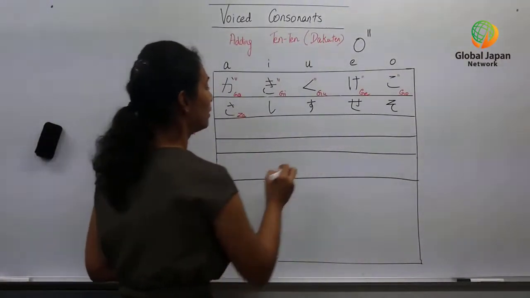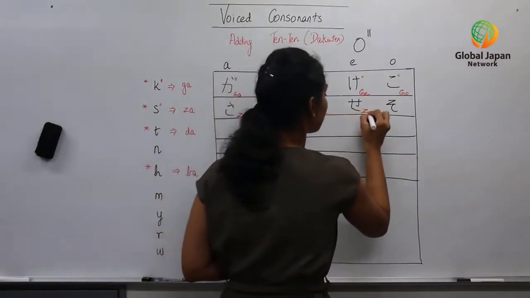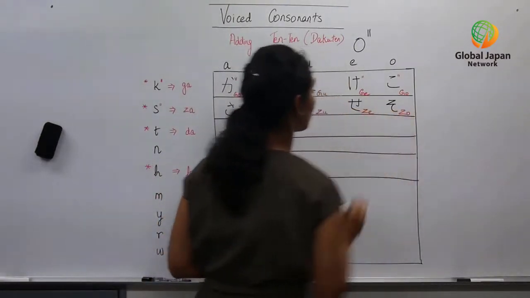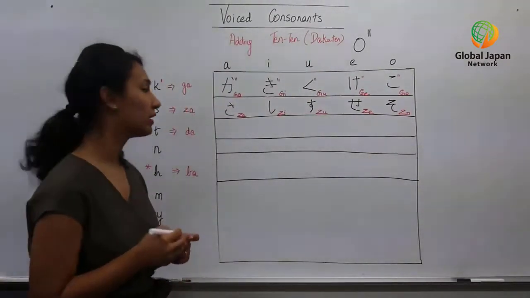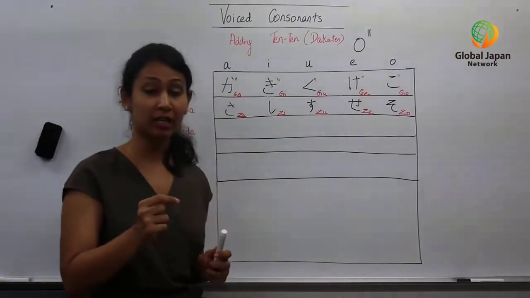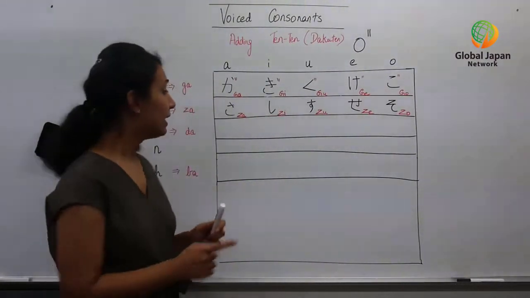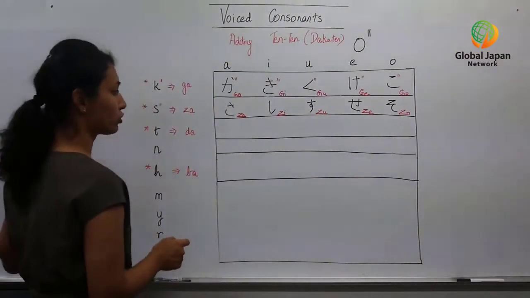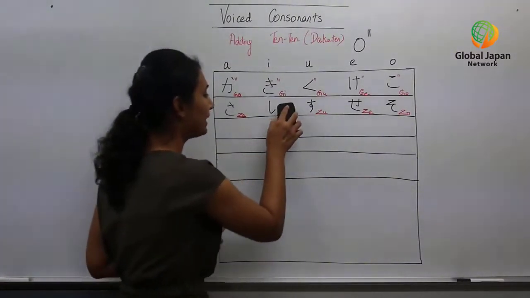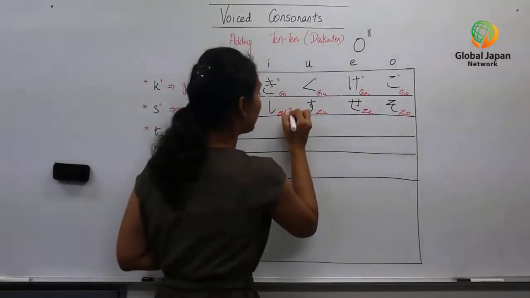za, zi, zu, ze, zo. But one thing to be noted is, just the way it was not si but shi, in the za line also, this will not be zi, but it will be ji.